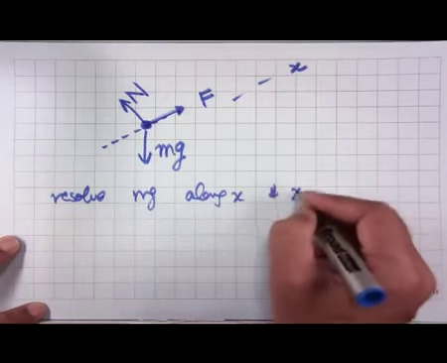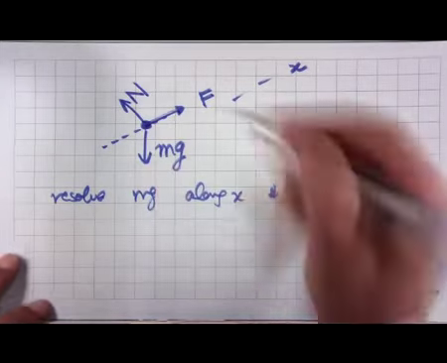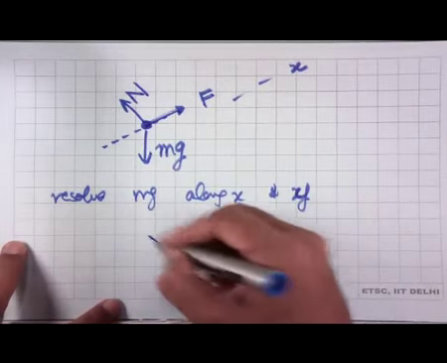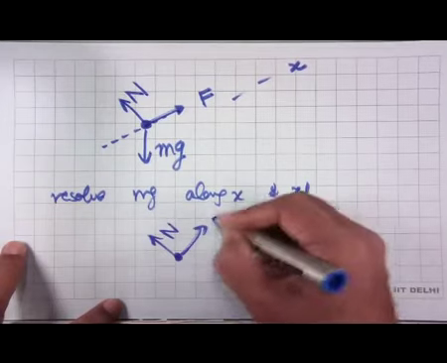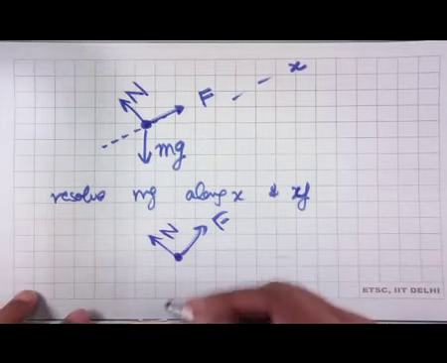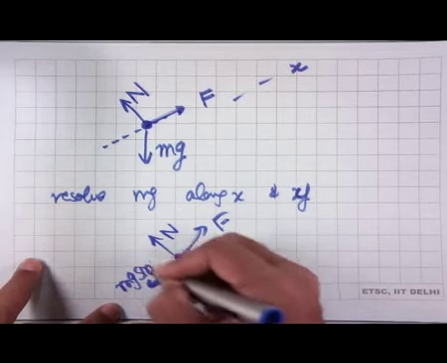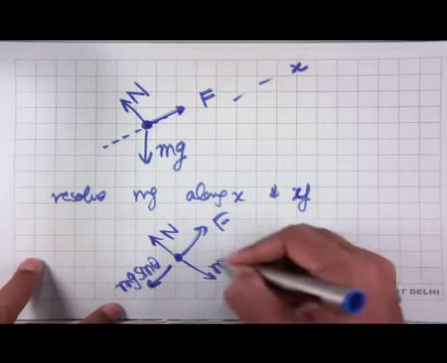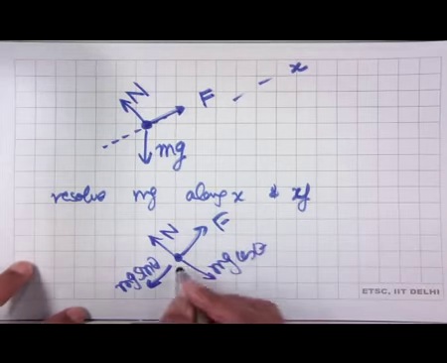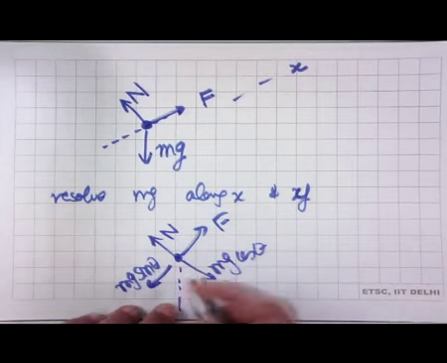So this is n, this is F, and we will have mg sin theta and mg cos theta. What we have done here is mg was vertical, and this angle was theta.